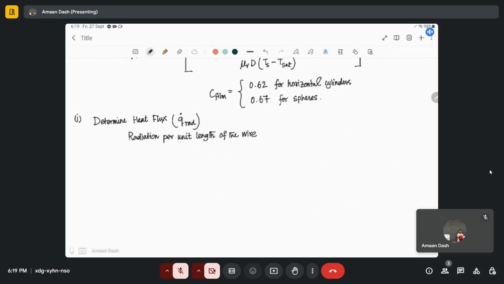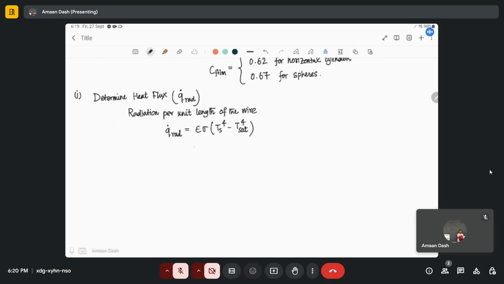You can calculate using the Stefan-Boltzmann law that q dot of radiation is nothing but epsilon sigma times Ts to the power of 4 minus Tsat to the power of 4. And sigma is nothing but 5.67 times 10 to the power minus 8 watt per meter square Kelvin to the power of 4.